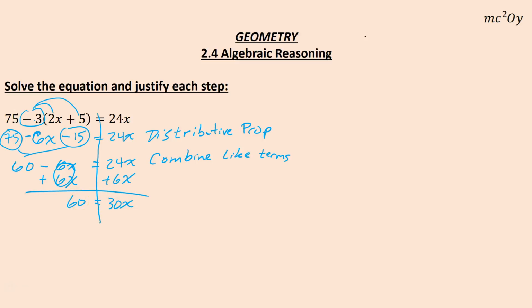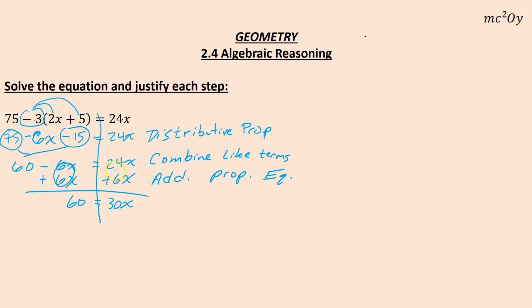Now, some classes, it's okay if you just write, well, really all you've done here is the addition property of equality. But some teachers will actually want you to put two different steps there, and some computer programs will say, show that that is the addition property of equality right there.